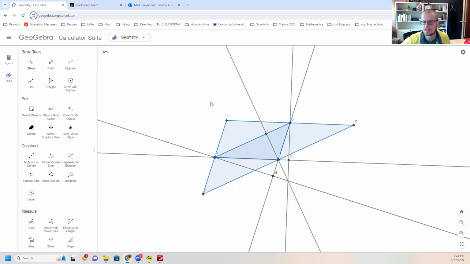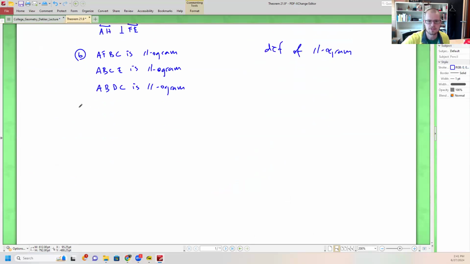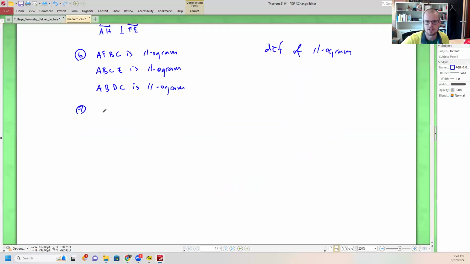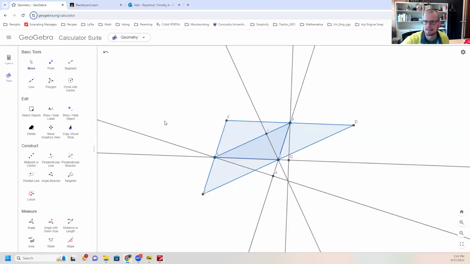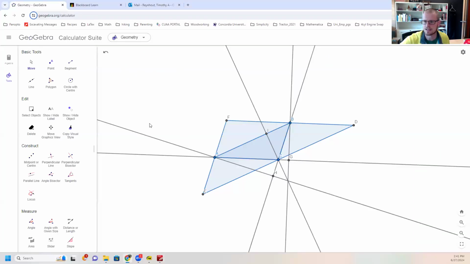So step 7: FB is equal to AC. AC is equal to BD. And that gets us that FB is equal to BD by the transitivity of equality.